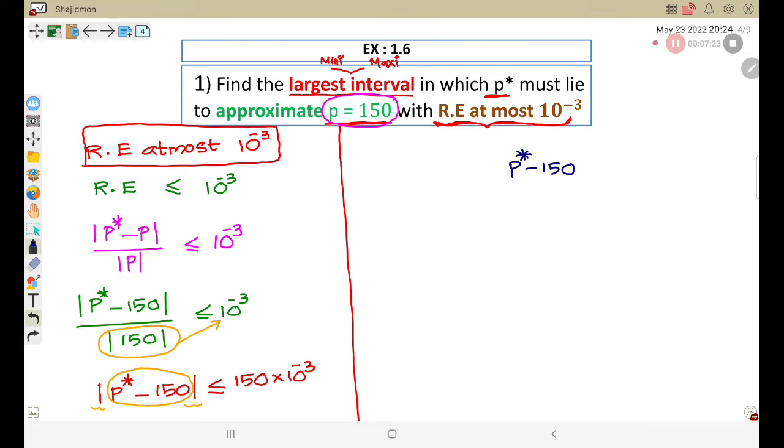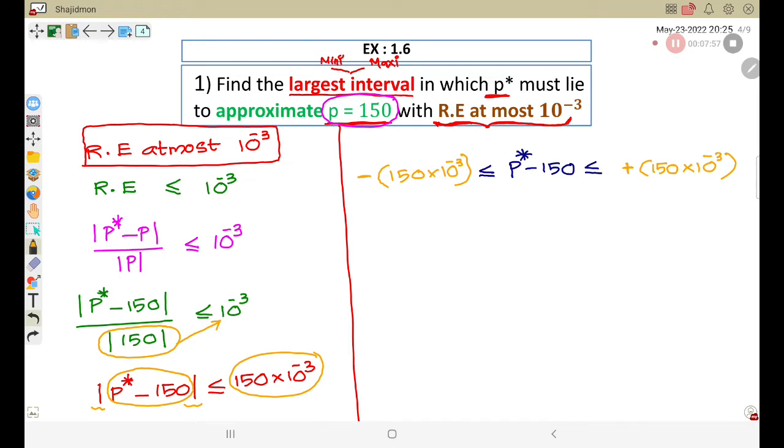Now when we are deleting the absolute symbol, we are just writing less than or equal to on both sides like this. Whatever the number here, this number 150 multiplied 10 power minus 3, write that number here on the positive side, plus 150 multiplied 10 power minus 3, and the same number negative on the lowest side, minus 150 multiplied 10 power minus 3.